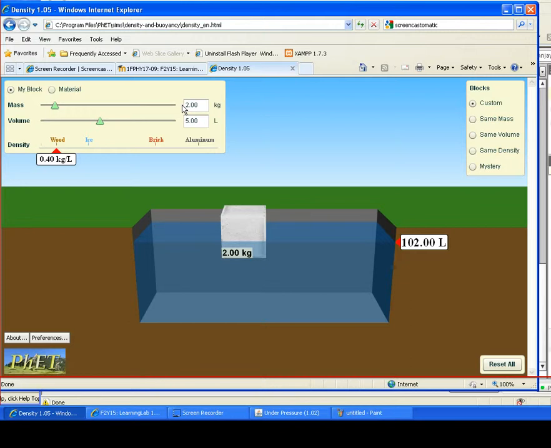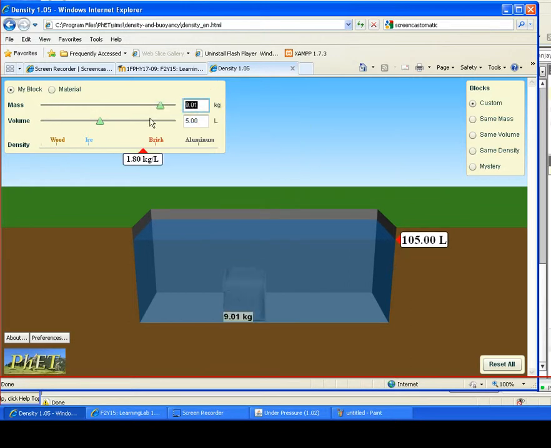Will it sink partially? Okay, let's try and see, yeah?